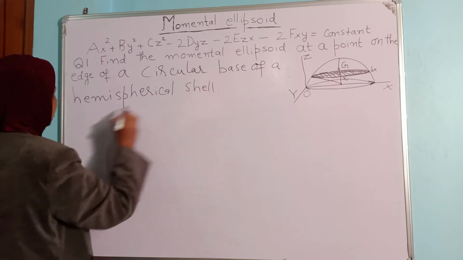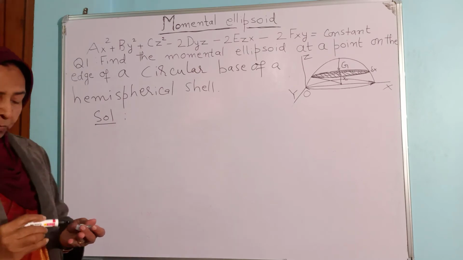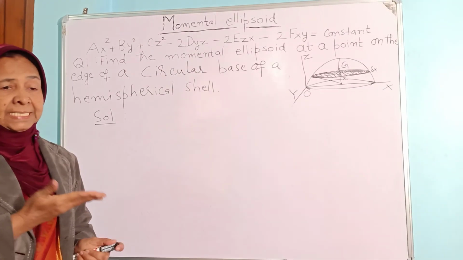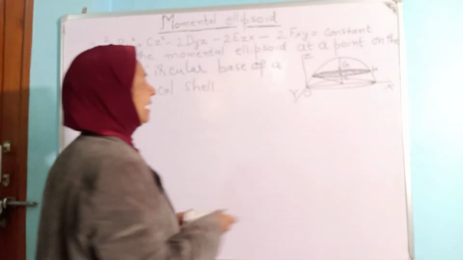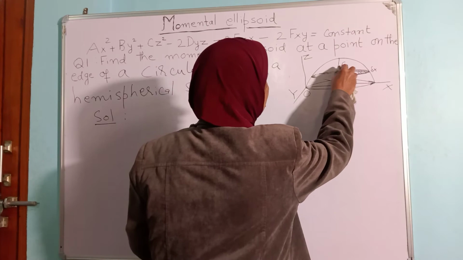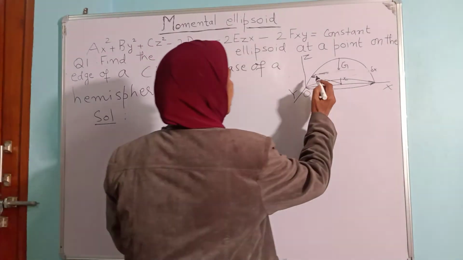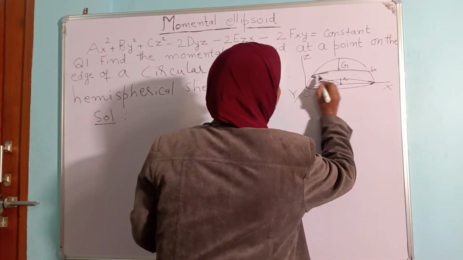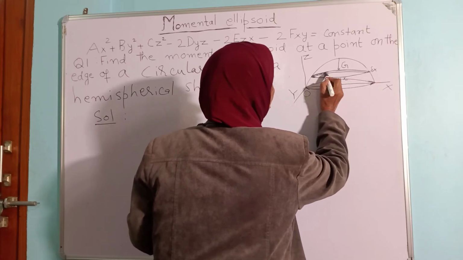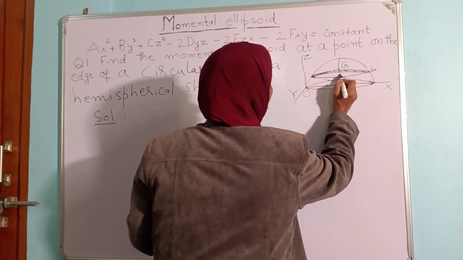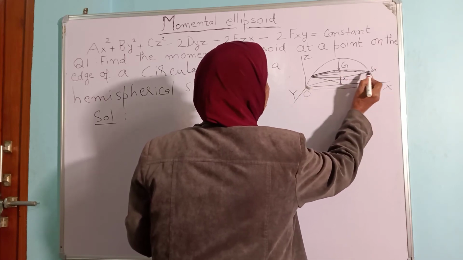Now, as I said in the last question, we were having the section in the form of a disc. But here it is not in the form of a disc, but it will be in the form of a ring. So I am going to consider one such ring at a distance x of width delta x.